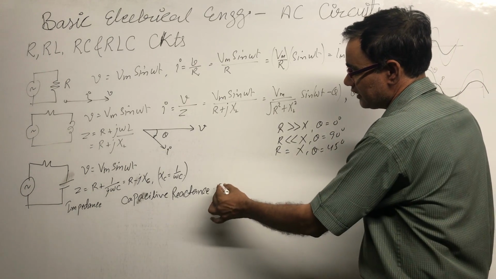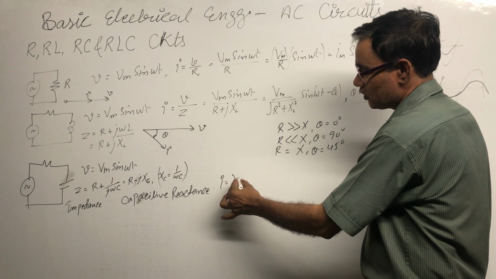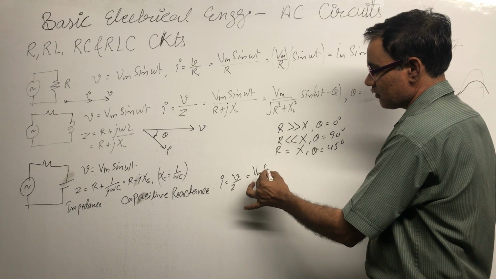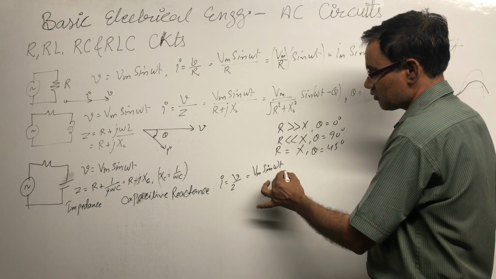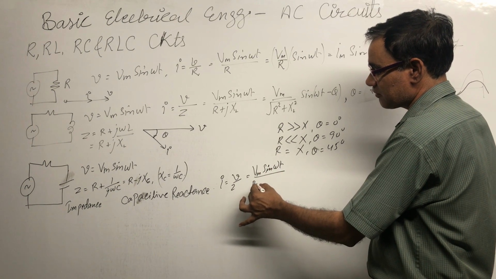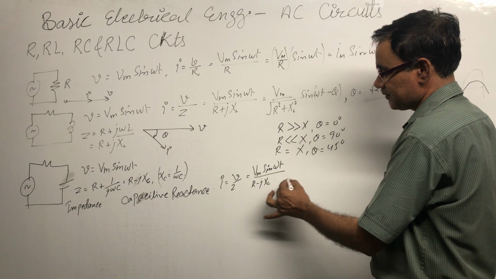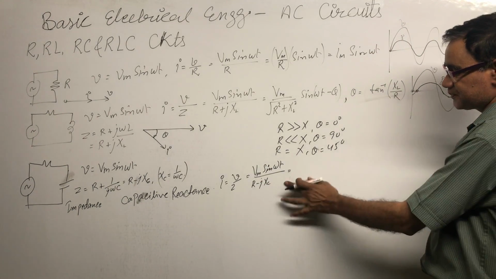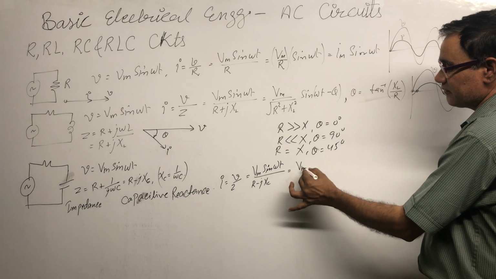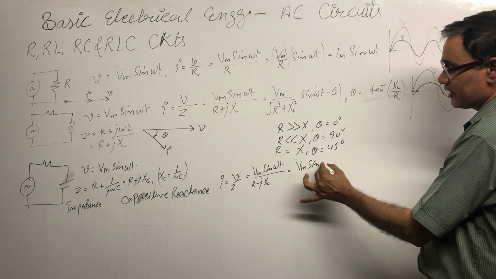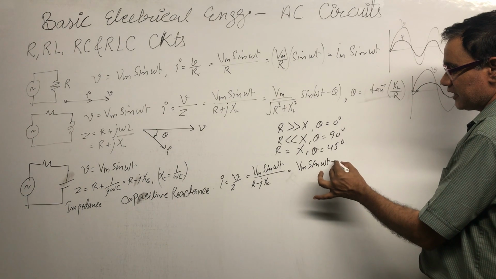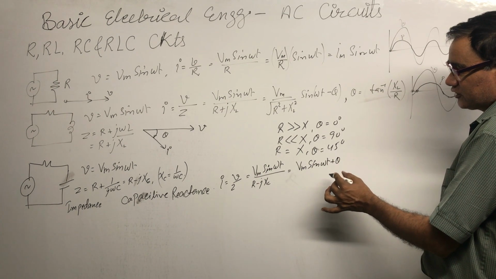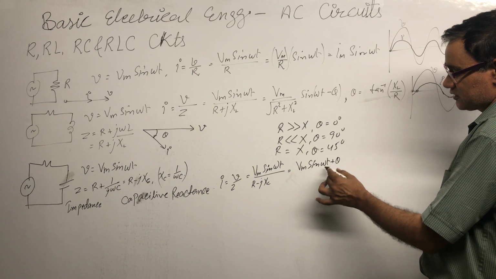So what is the current? Here current is equal to voltage upon impedance. The voltage is Vm sin of omega t, and the impedance is R minus iota Xc, where Xc is the reactance offered by the capacitance. So the current is Vm sin of omega t plus, not minus, it is plus.